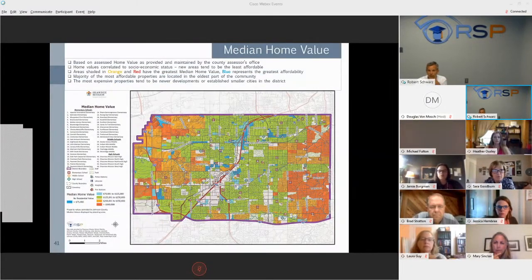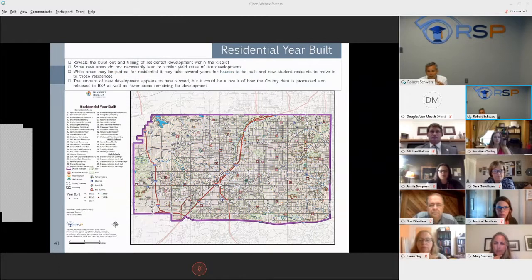We look at things with your median home values. So on this particular map, the orange and red areas would be the greater value inventory. You can see right along the 35 spine is where we have the most affordable housing inventory in your community. We'll look at where the building activities occurred. I just want to highlight this.